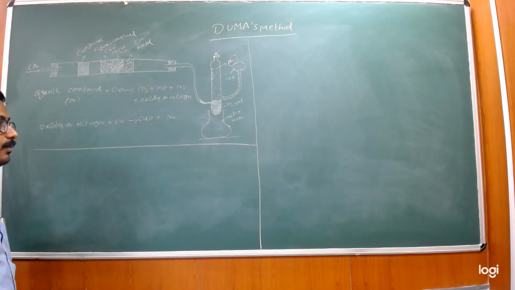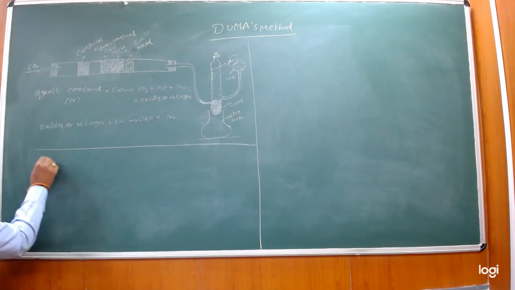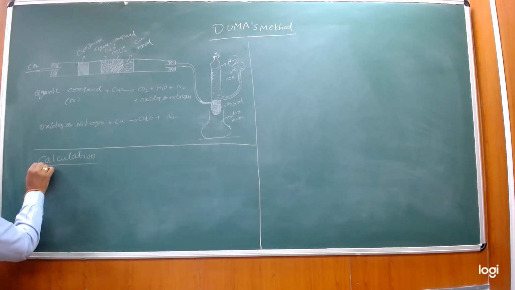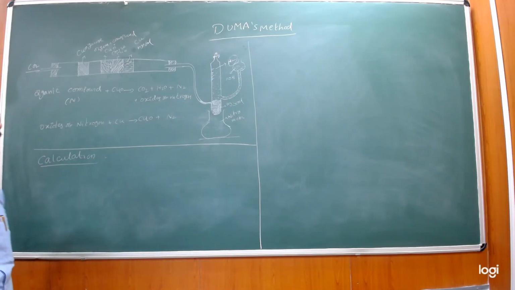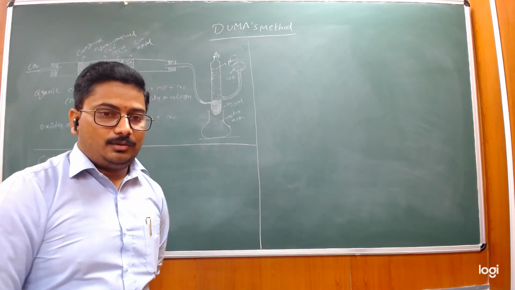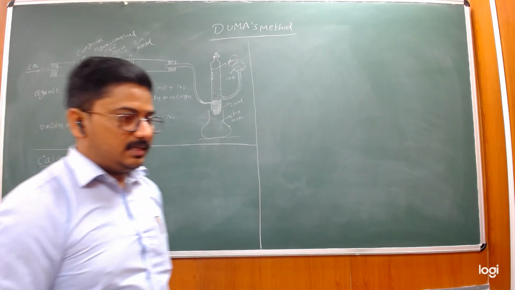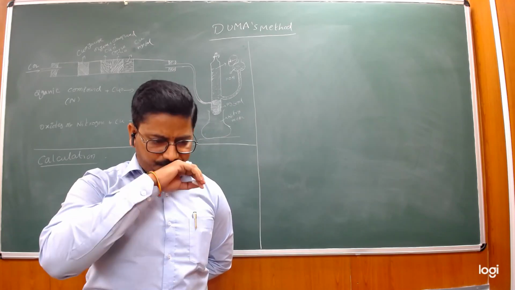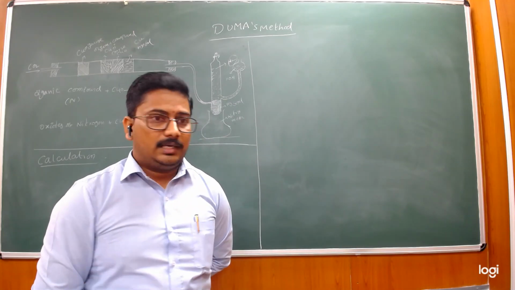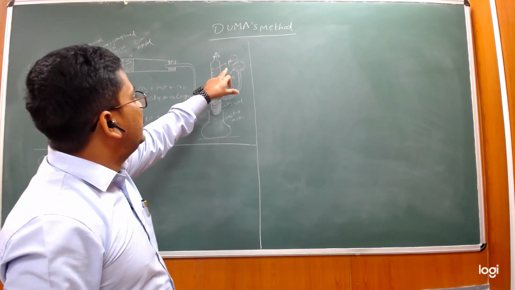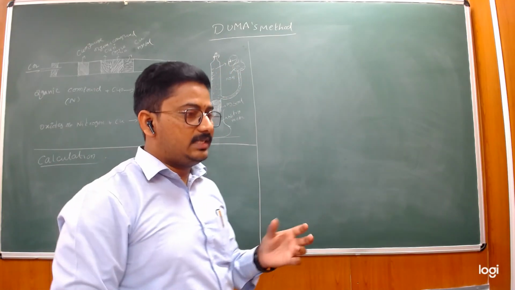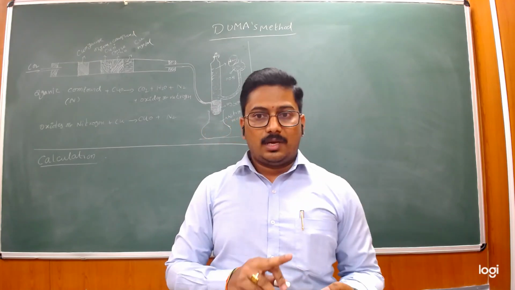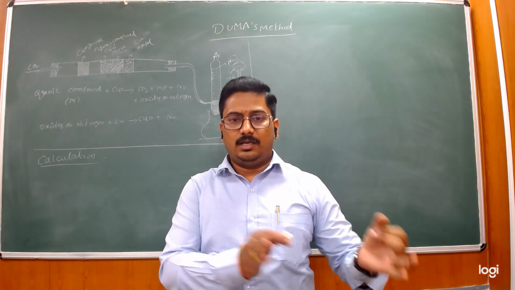So first of all, I'm going to take the conditions. Nitrogen is a neutral gas, you know that. For that nitrogen, we can take the STP conditions and the given conditions, meaning gases can be at different pressure, volume and temperature.